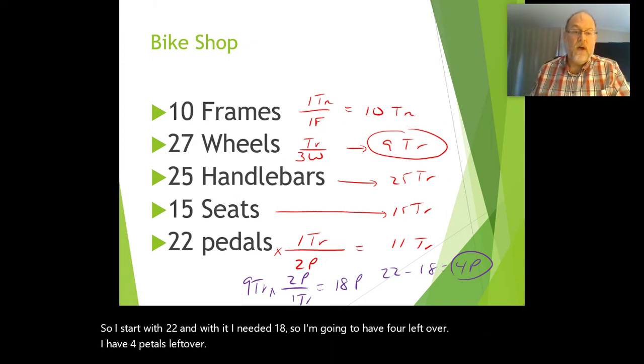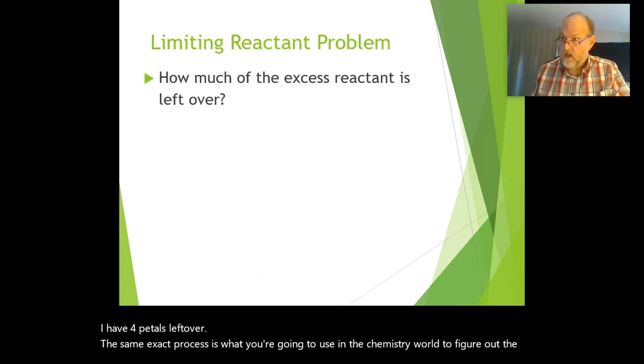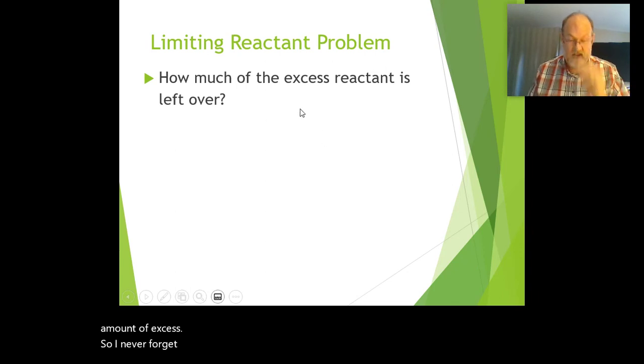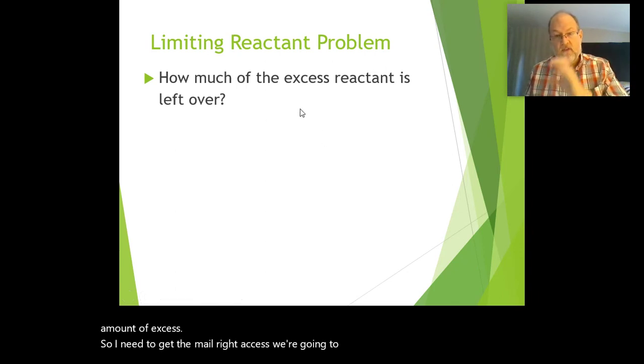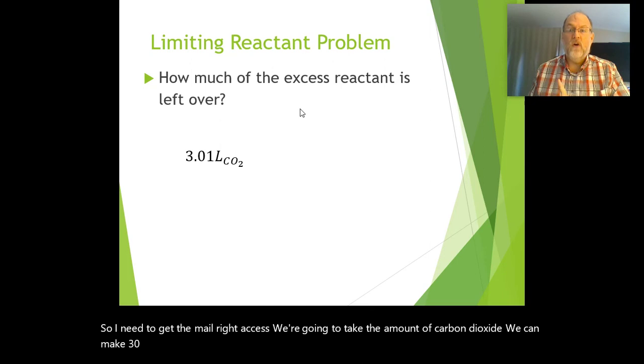That same exact process is what you're going to use in the chemistry world to figure out the amount of excess. So in order to figure out the amount of excess, we're going to take the amount of carbon dioxide we can make, 3.01 liters. And we're going to find out how much of the excess reagent, oxygen, we need.